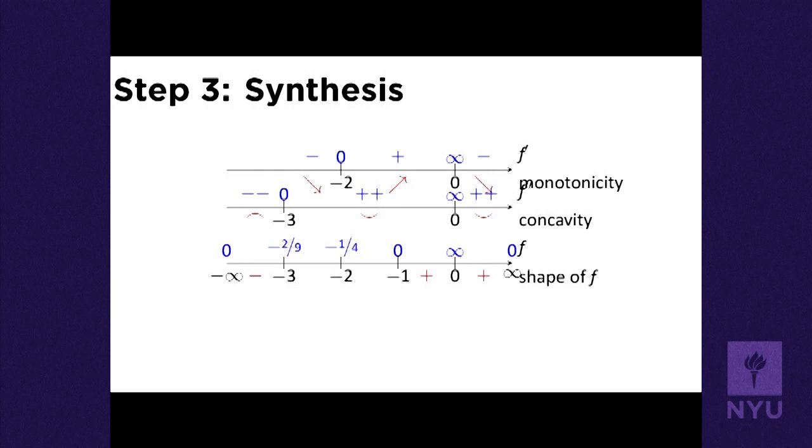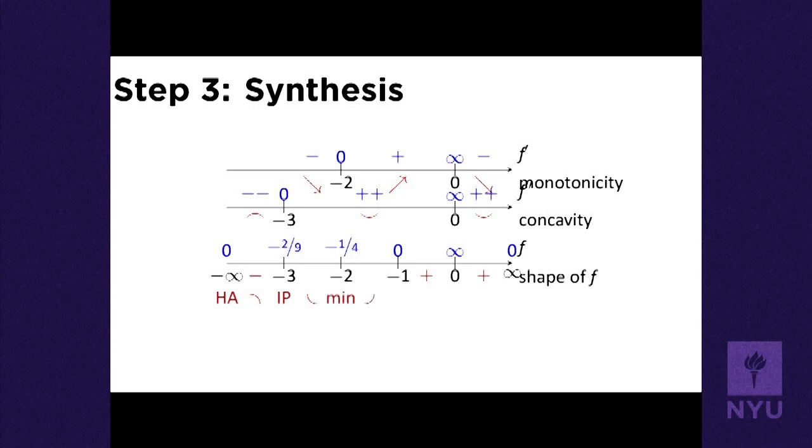we know that there's a horizontal asymptote at negative infinity. Between negative infinity and negative 3, it's concave down and decreasing. Inflection point at negative 3. Decreasing and concave down up to negative 3, concave up between negative 3 and 2. Local min at negative 2. Increasing and concave up between negative 2 and negative 1.